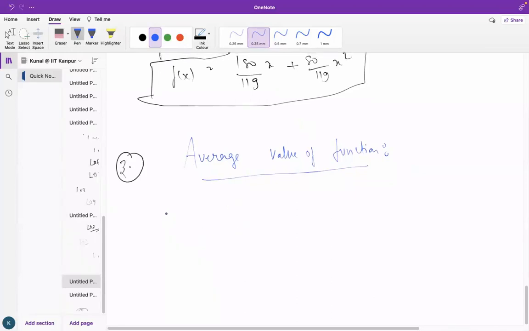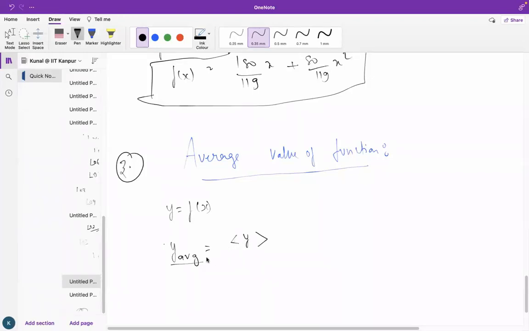So let us suppose y is a function of x. This is a function given. What is the average value of y? We write this either as y average, or with the less than symbol and greater than symbol with y in between.